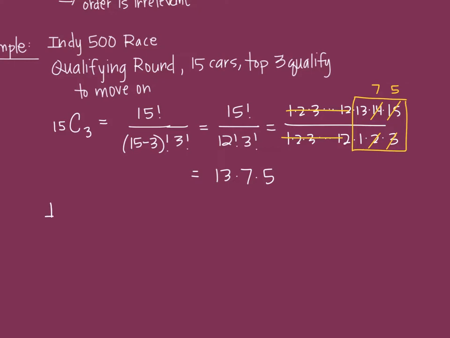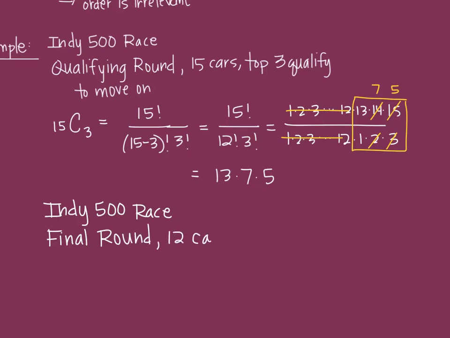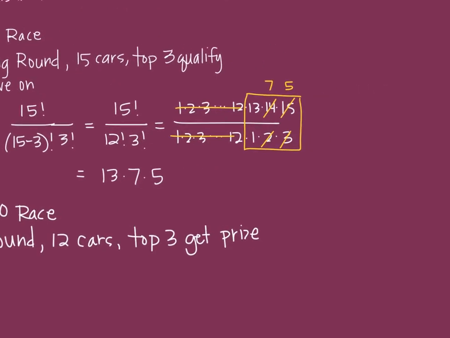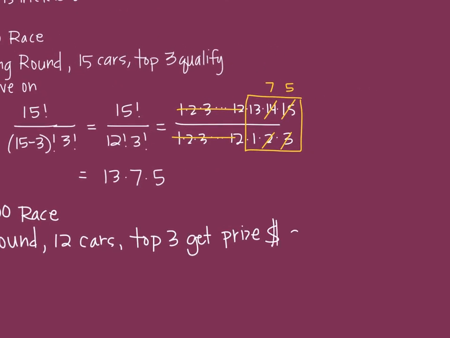So now let's move on to the finals of the Indy 500. In the Indy 500, now we're in the final round. And there are 12 cars. And the top 3 get prize money. And the prize money is awarded according to how they finish.